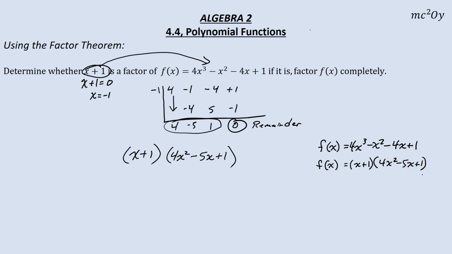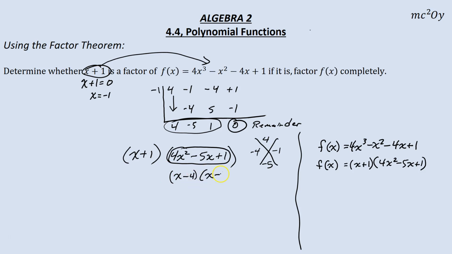And we could actually try to factor this quadratic now. That should be our next step. I keep trying to circle it without blocking my numbers, but there we go. So I want to find two things that multiply to make 4 times 1, or 4, and add to negative 5. It's looking promising because negative 4 times negative 1 would do that. Negative 4 times negative 1 is 4. Negative 4 plus negative 1 is negative 5. So that becomes x minus 4 and x minus 1.